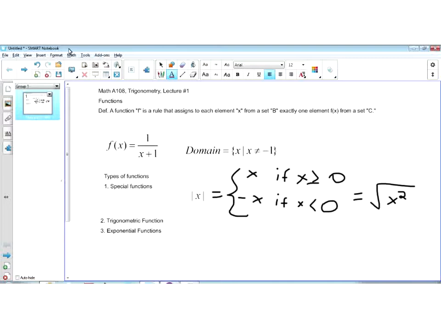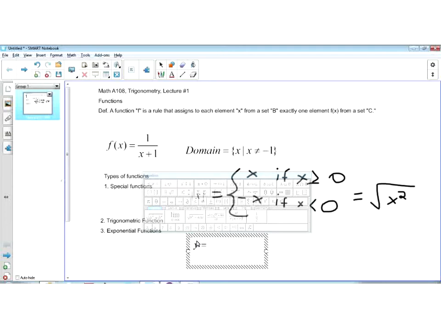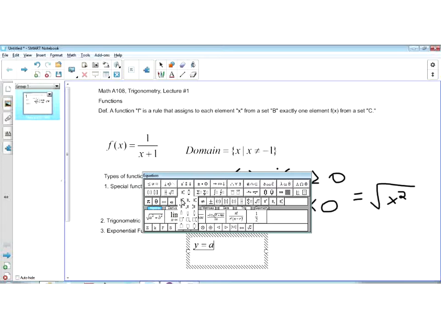All right, so what are some examples of exponential functions? Well, the generalized exponential function is written how? Let's see. Generalized exponential function would be written as y equals a to the x, where your variable is x and a is the base.